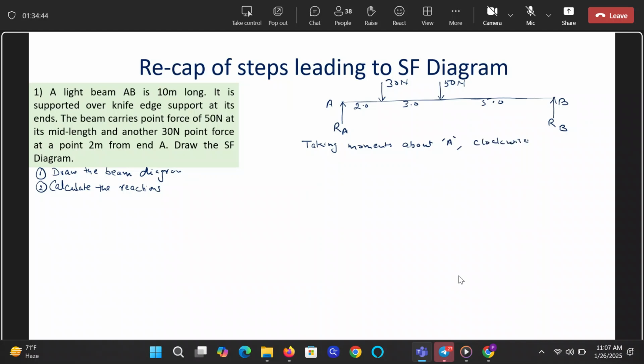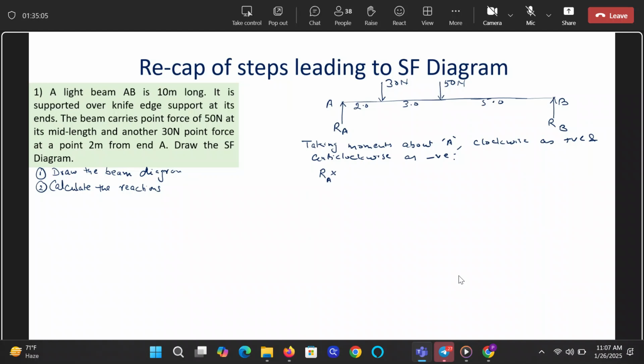Clockwise as positive and anti-clockwise as negative. I still write in rough the four forces, but I've already explained, so I'm just cutting short.